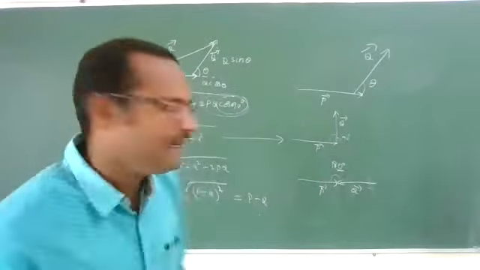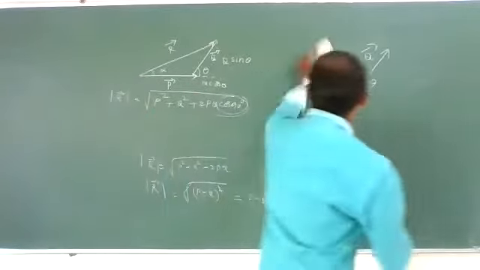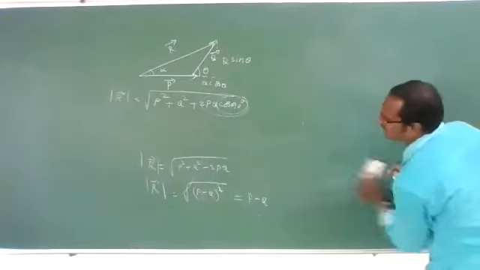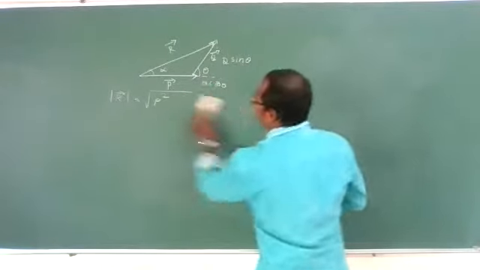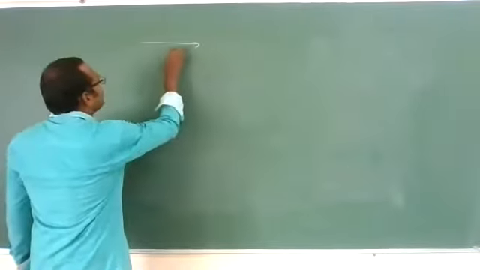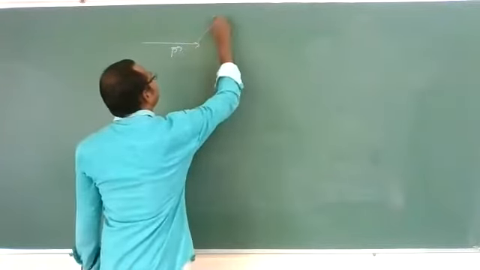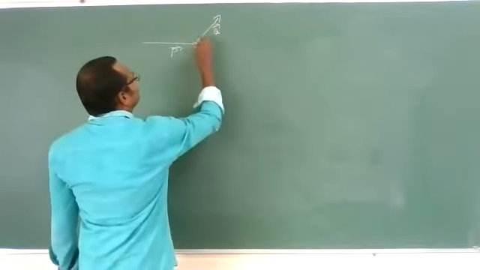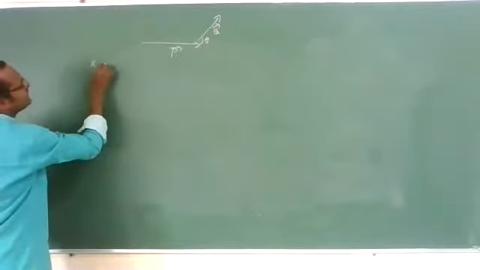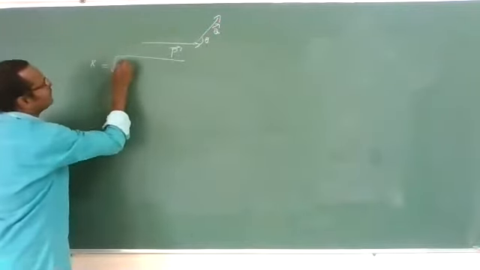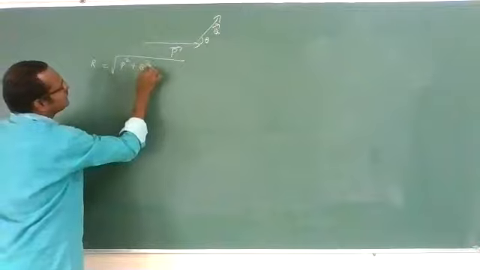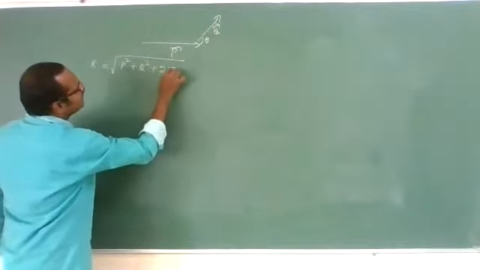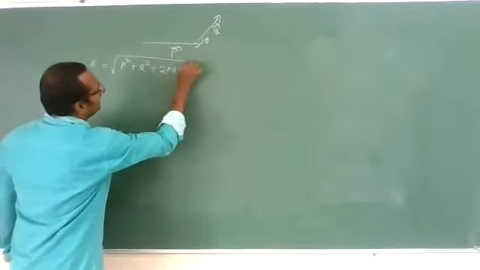I will come back to the points and explain once again. This is p bar and this is q bar. There is some angle between these two, theta. Your resultant is square root of p square plus q square plus 2pq cos theta.